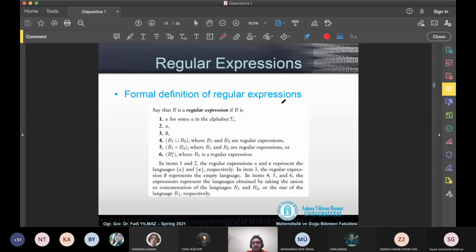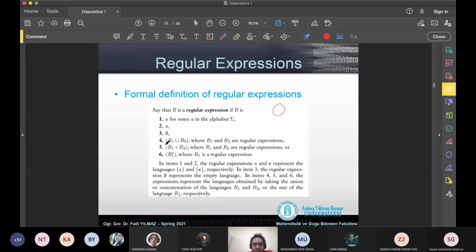The difference between the empty string and the empty set: say we have states A and B, and we can go from A to B with epsilon, without reading anything. But the empty set means there is nothing. Epsilon is something. It's just the empty string, but the empty set is nothing. There should be nothing.